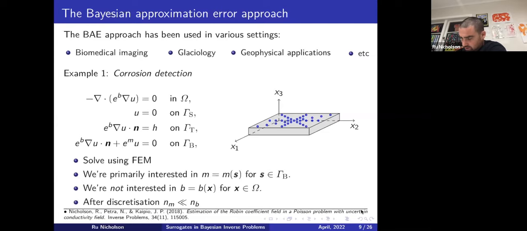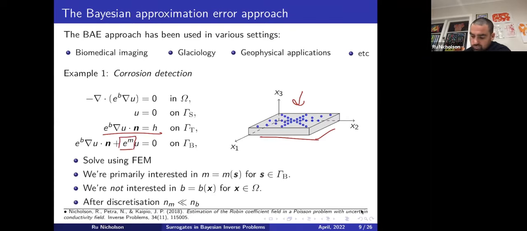But we could imagine that we heat this up from the top. We put some heat flux in the top, and we're interested in the admittivity of the bottom boundary as a proxy for the shape that this thing is in, as in, is it corroded or not? In this case, we're not considering that the boundary shape changes with the corrosion, but that could also happen.